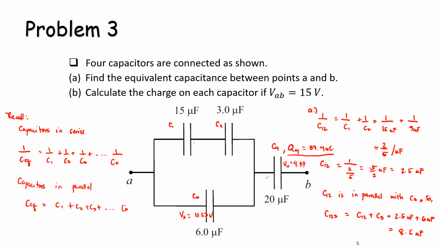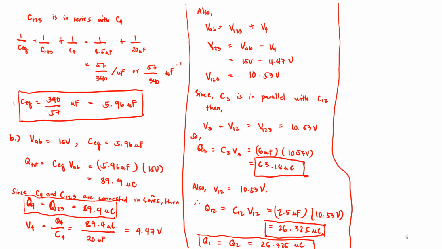Okay, so your Q1 and Q2 have the same charge. They are in series. So Q123 is equal to 89.4 microcoulomb.